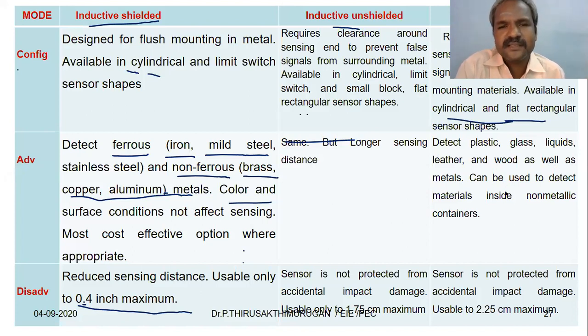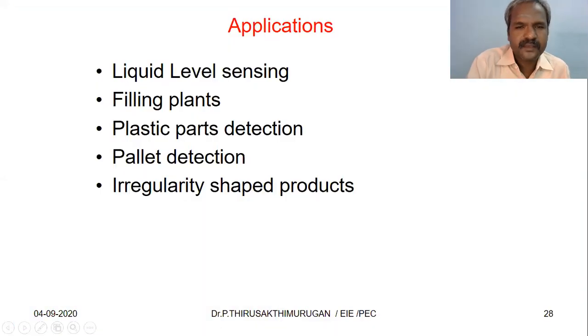To detect metals, the material should have a high dielectric strength. So this can detect material inside non-metallic containers. The sensing range is very high compared with inductive sensors.